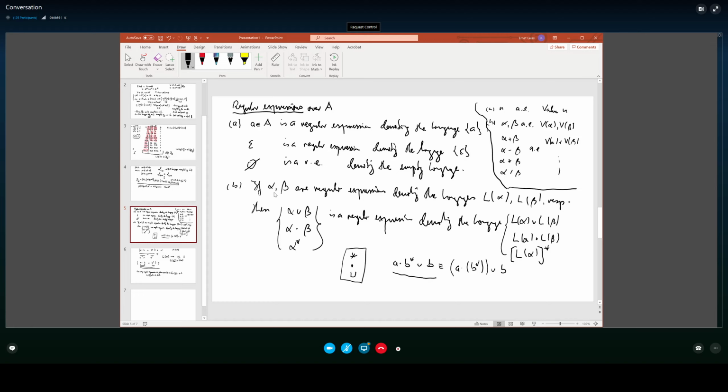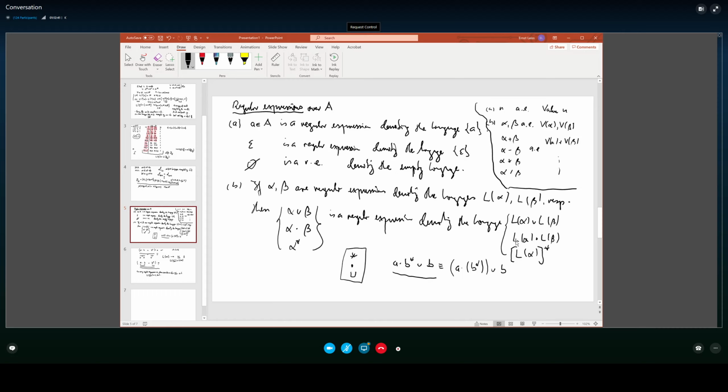If we have two non-deterministic finite automata, one for alpha and one for beta, such that N sub alpha accepts exactly the language denoted by alpha, and N sub beta accepts exactly the language denoted by beta, then we can construct union automata, concatenation automata, and star automata, such that the union automaton accepts the union of those two languages, L of alpha and L of beta.